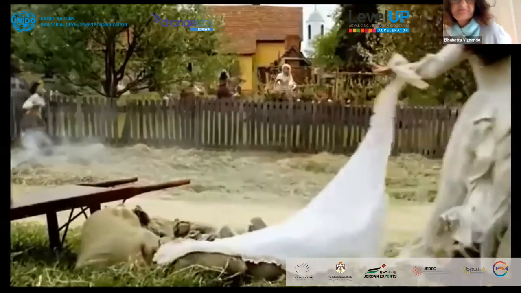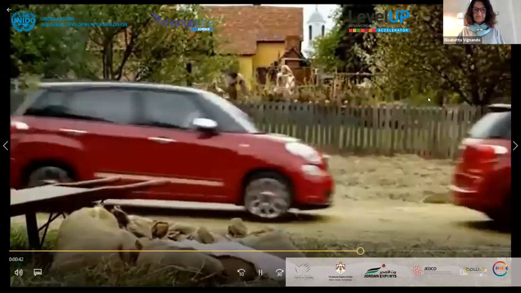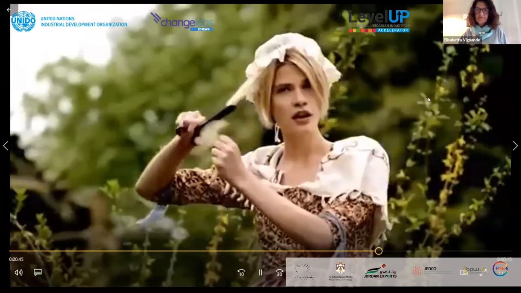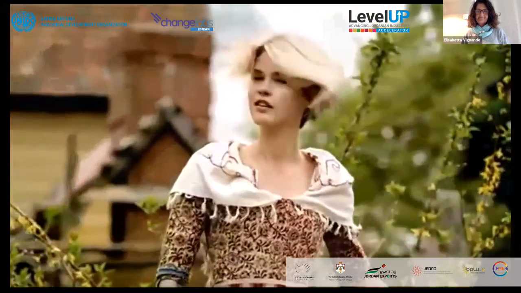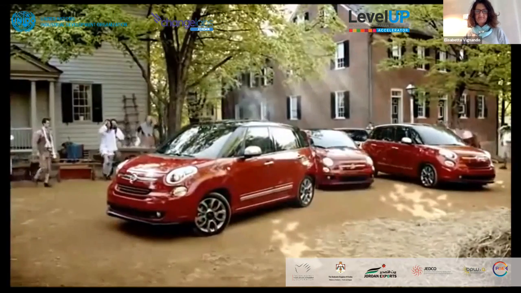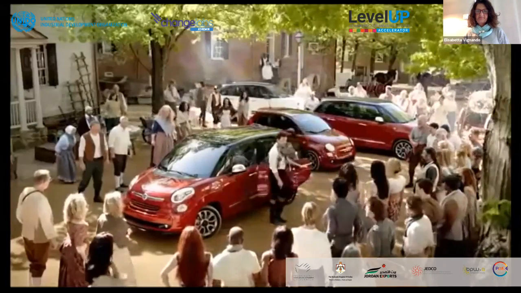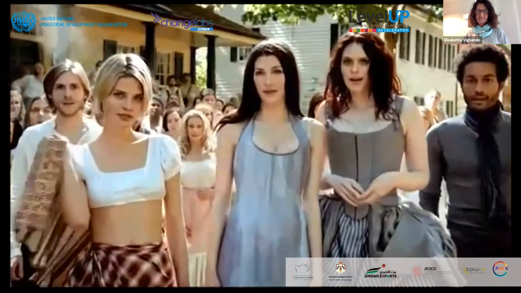The 5-passenger Fiat 500L. The revolution just got bigger. This is going to be so much better than the Tea Party.